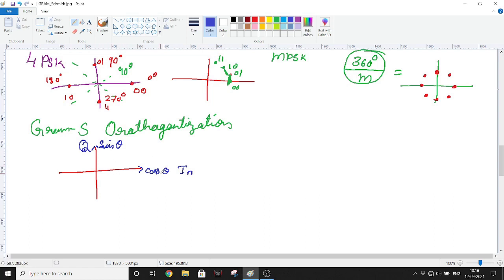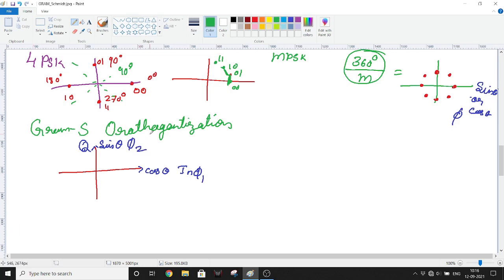Okay, we all know sin theta and cos theta are 90 degrees apart from each other, and contrary to that, in PSK we have always used only one phase, that is either sin theta or cos theta. So it can be represented with only one phi, but here we have phi 1 and phi 2.